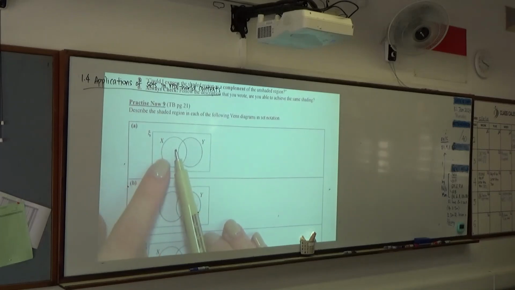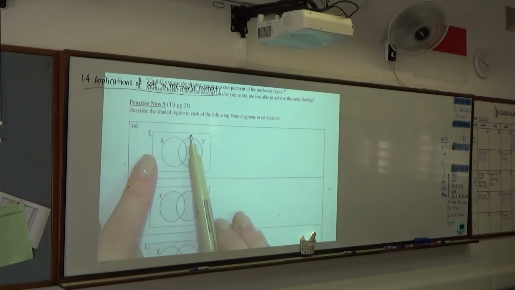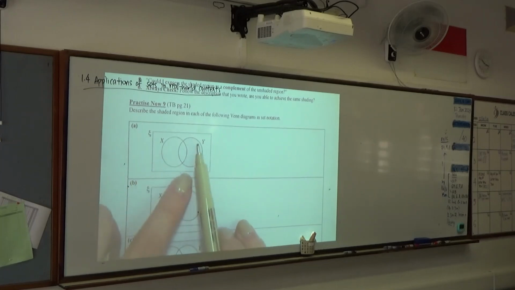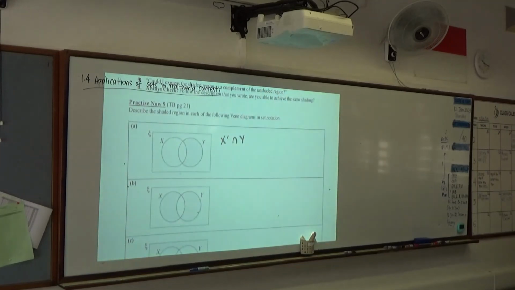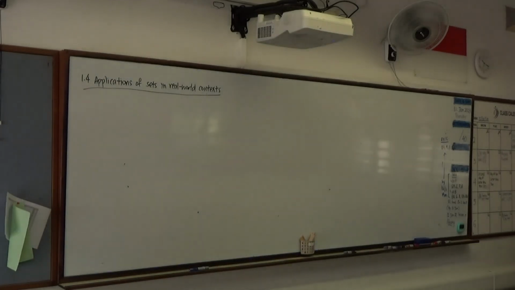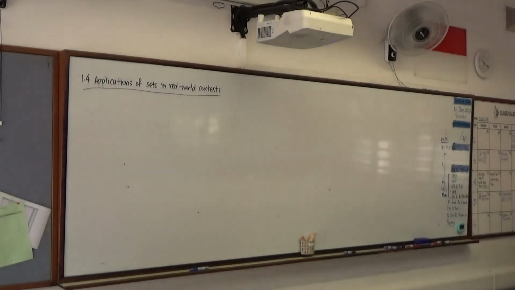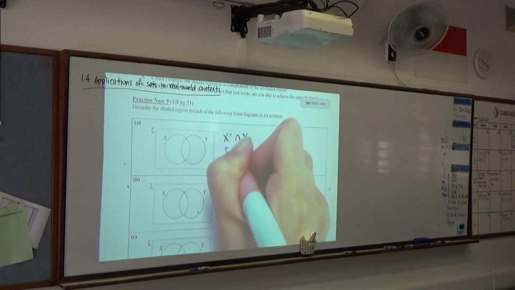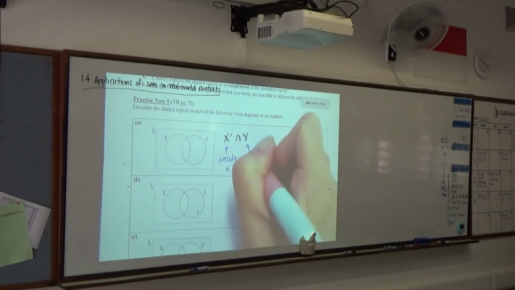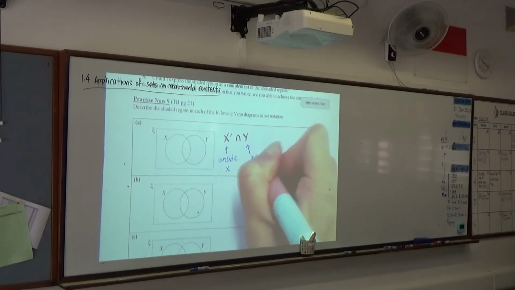So that means that it is X complement intersecting with Y, because we notice that it is outside X, inside Y.